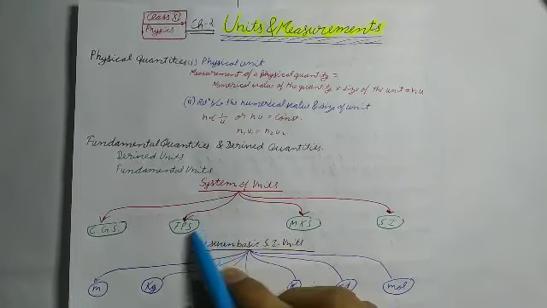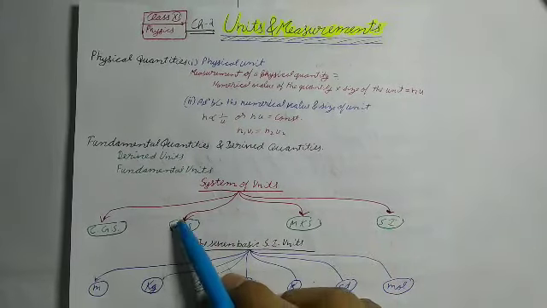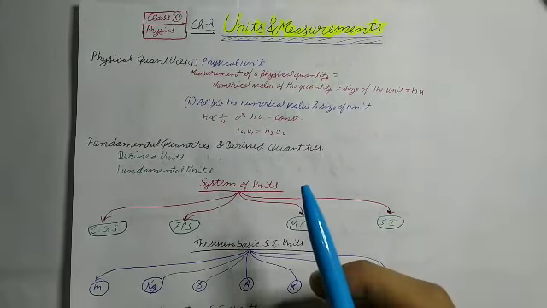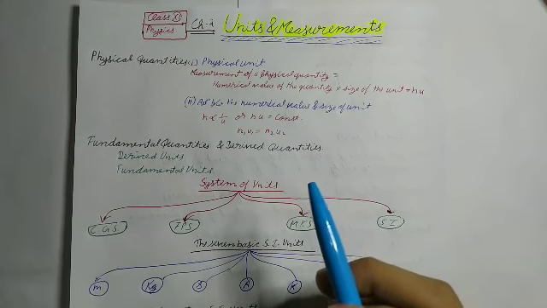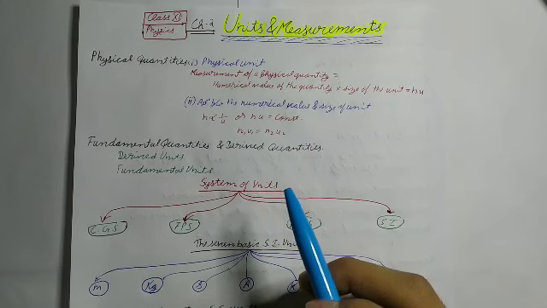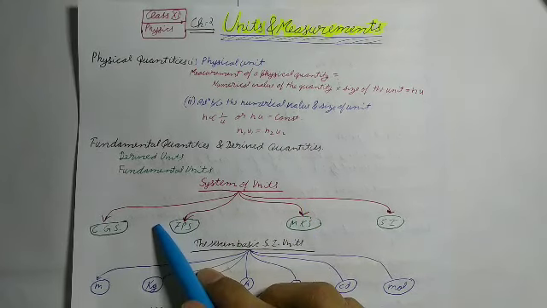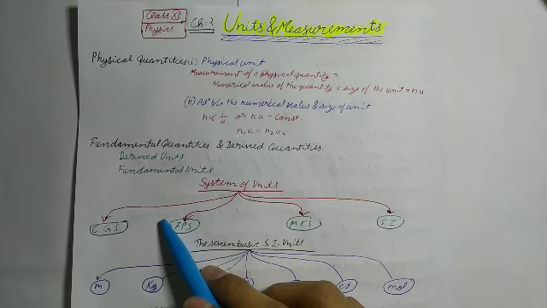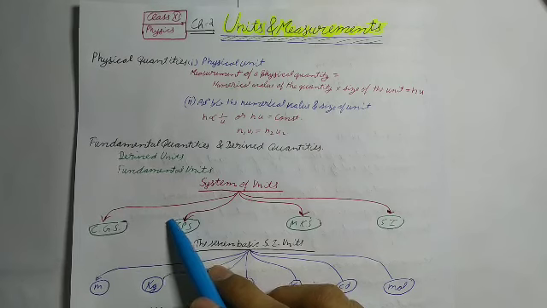Okay. So now, system of units. There are 4 systems of units: CGS, FPS, MKS, and SI system. A complete set of units which is used for measuring all kinds of fundamental and derived quantities is called a system of units. CGS, or the metric system: in this system, the fundamental units of length, mass, and time are centimeter, gram, and second, respectively.